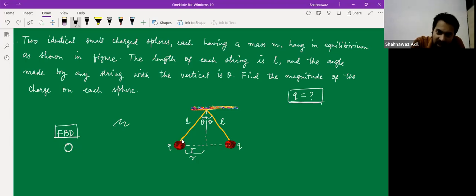So first is, for tension. Yes, correct, Shravan. So tension in this direction, right? You see that this is acting at some angle, so this is theta. This would be theta, right? Parallel, so alternate interior angles, right?